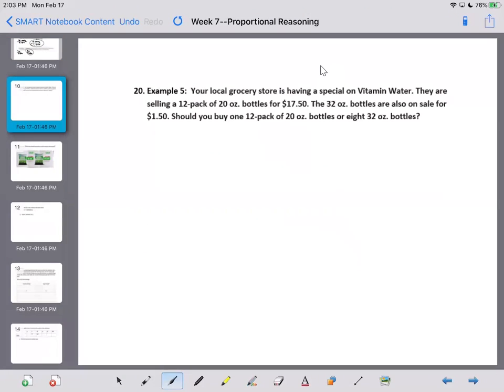Here, your local grocery store is having a special on vitamin water. They're selling a 12-pack of 20-ounce bottles for $17.50. So I'm just going to title this over here: this is your 20-ounce scenario. $17.50 divided by 12.